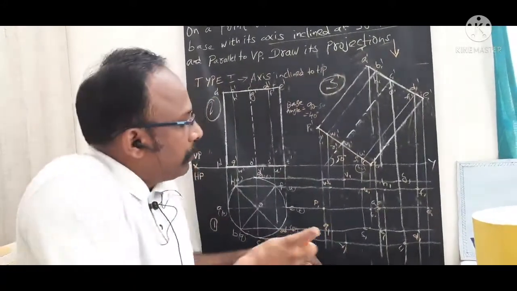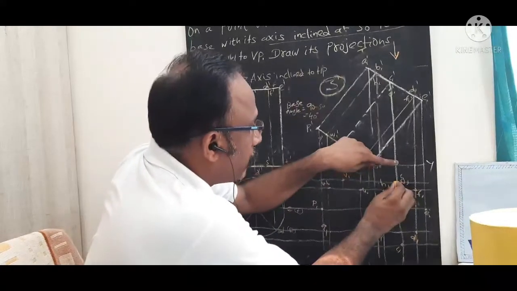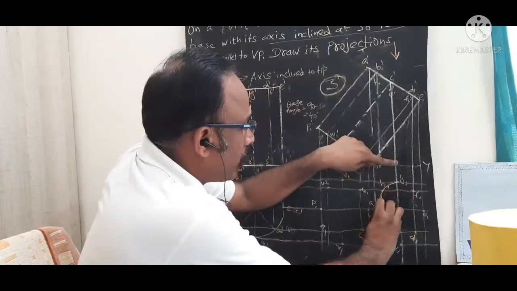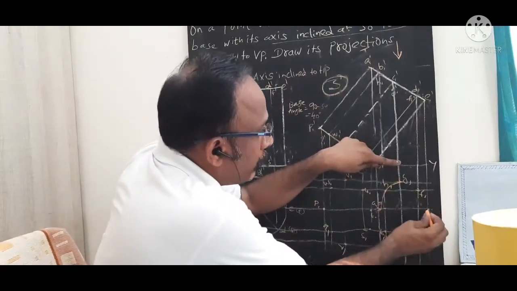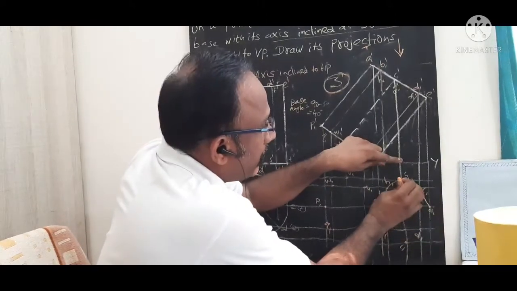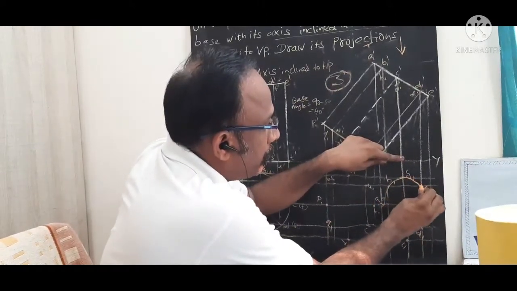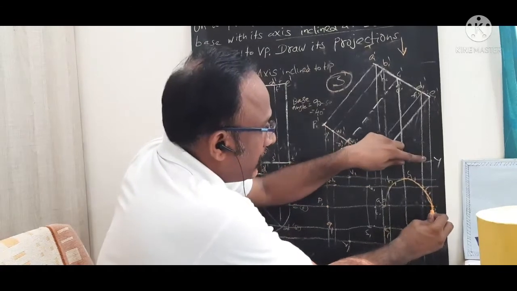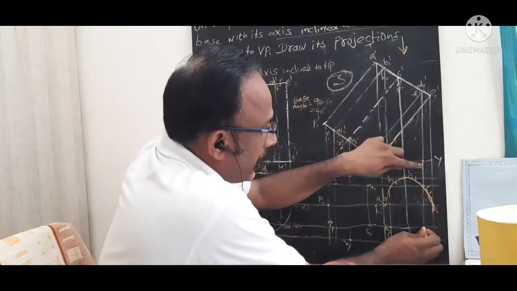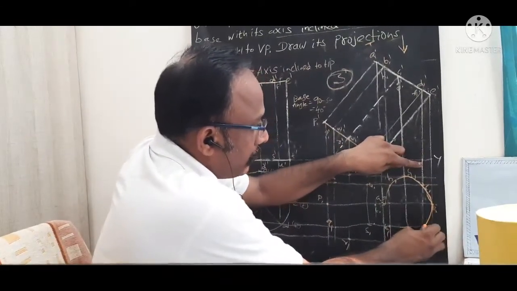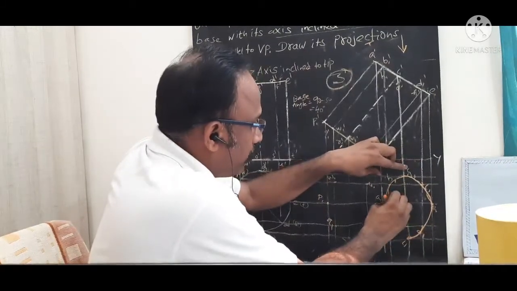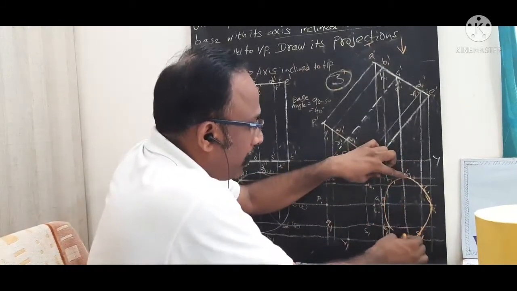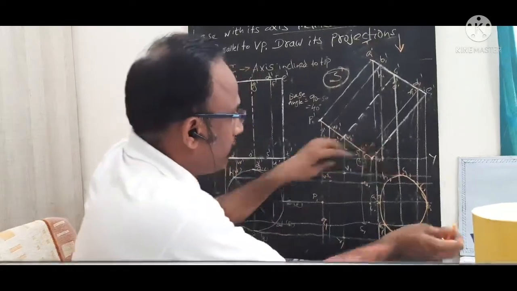You need to join these points by a smooth curve, right? By using your French curves. We have that instrument, the French curve. You need to join, and then you get this particular elliptical shape. It should be a smooth curve.